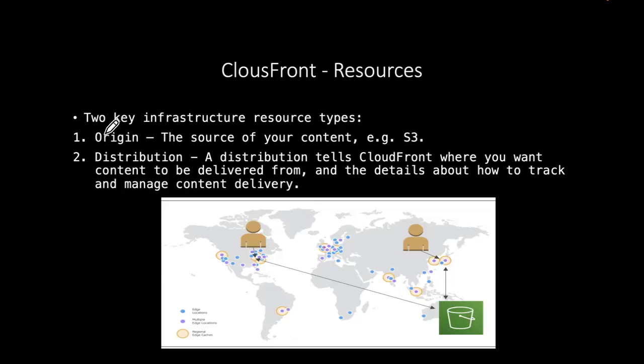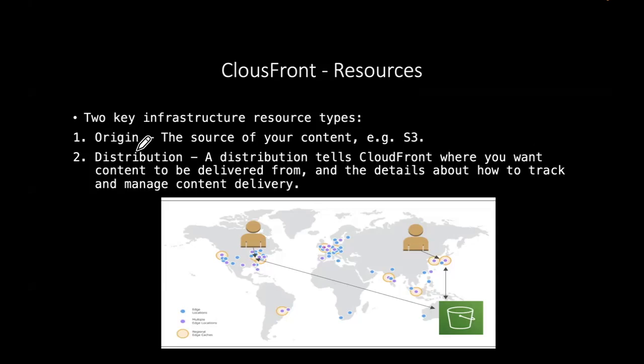There's something called the origin, which is essentially, for example, our S3 bucket. We've just got to tell it that a particular S3 bucket is going to be the origin for my CloudFront installation. That's quite a tangible thing.